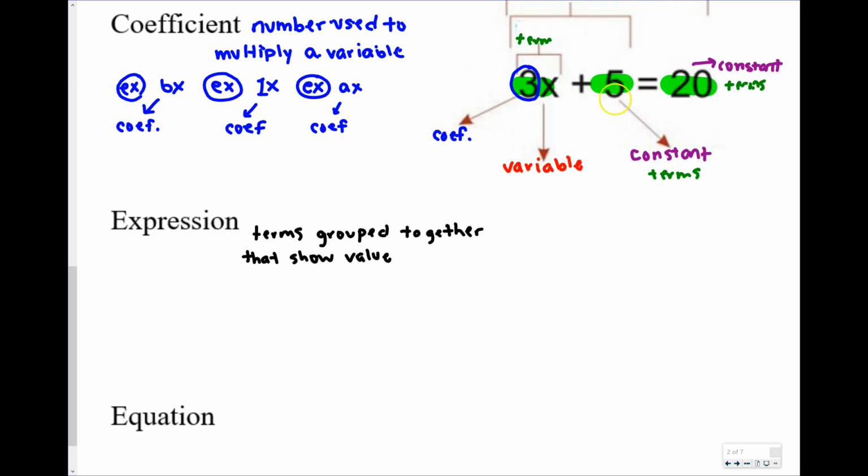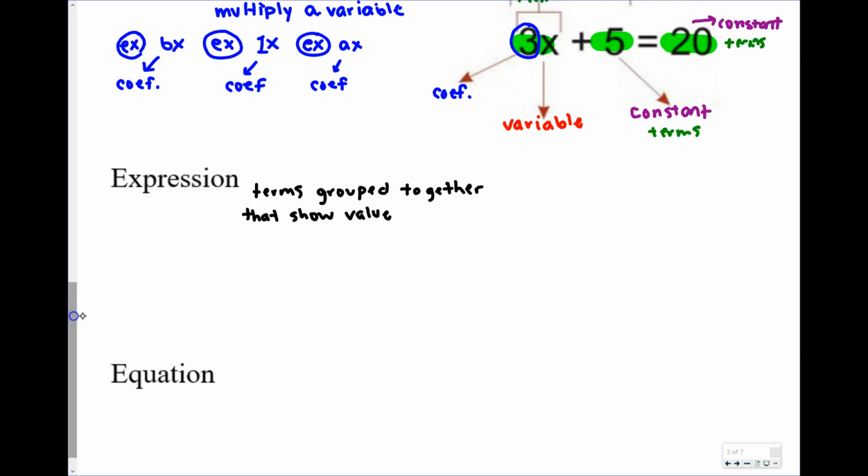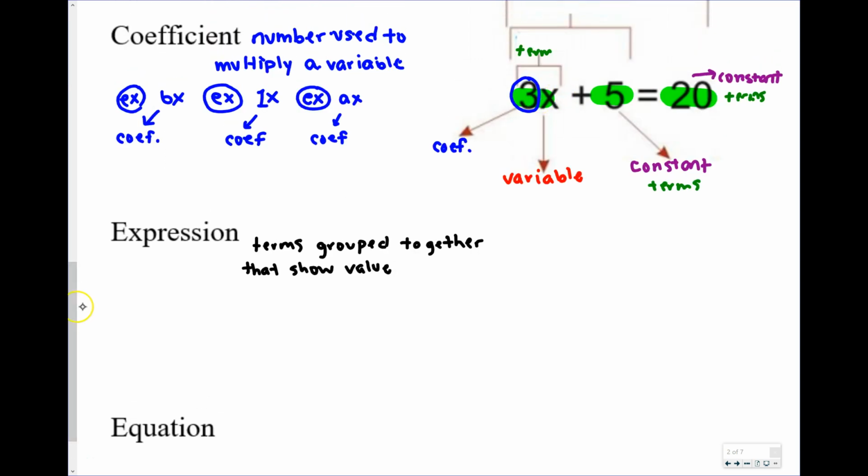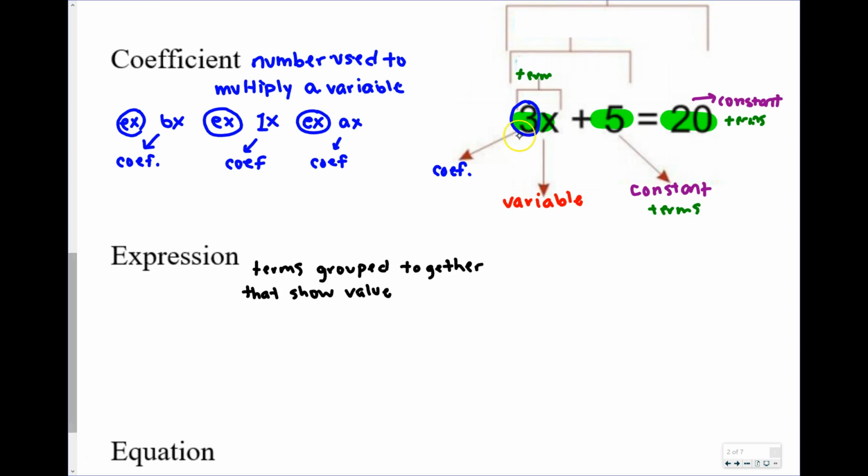So when I look at this right here, I know that it has an equal sign in it, but this guy right here, this 3x plus 5, this right here that I'm underlining, that is actually the expression.